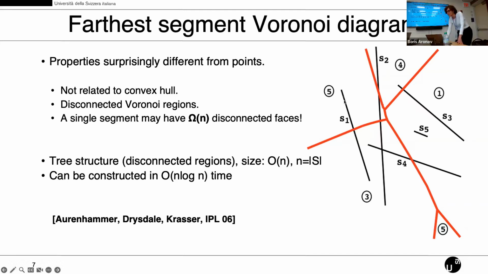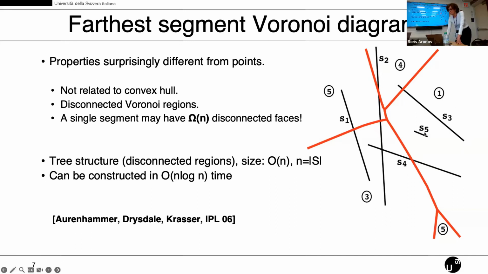So the Voronoi region of a site is the locus of points farthest away from that site. It has some properties surprisingly different from points, like it is not related to the convex hull. For example, this long segment S2, which is definitely part of the convex hull, does not have a Voronoi region in the farthest diagram.